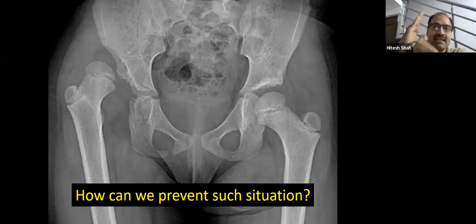And in a young child, there is remodeling potential. So if you put the femoral head inside, gradually the acetabulum will develop. In the older child, it remains the same, then the femoral head can come down and the contact area would be less. So there would be higher chances of osteoarthritis with a smaller contact area.